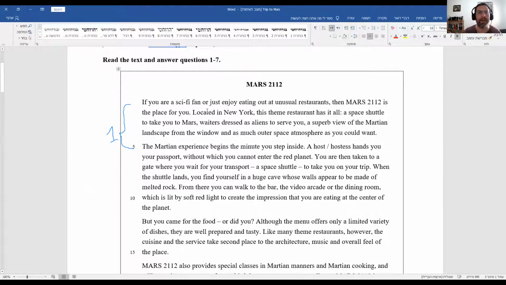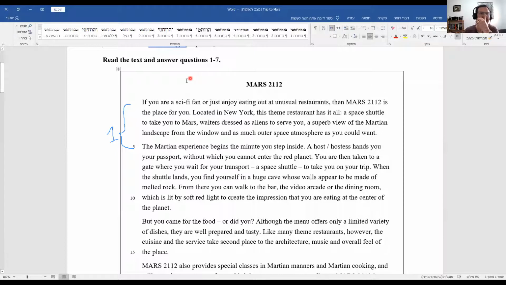So the next one is 5 through 11, so I'll take my pen. And I will basically go 5, annotate.